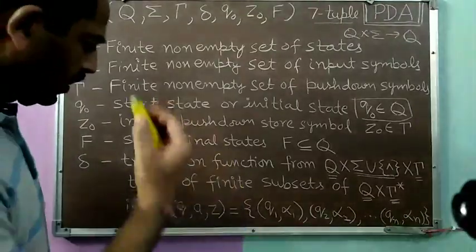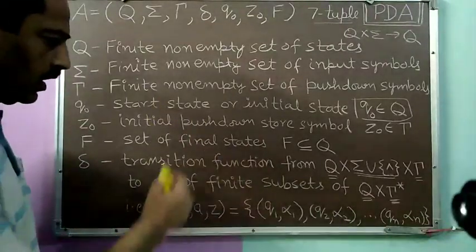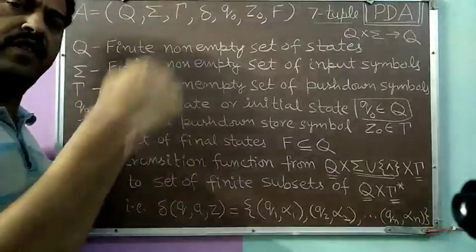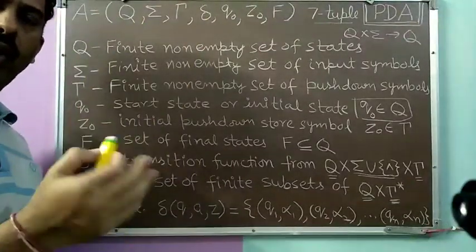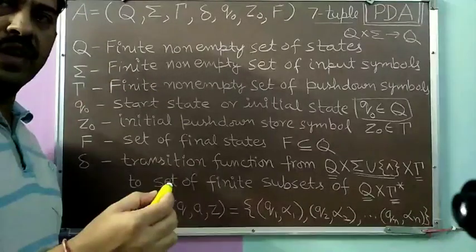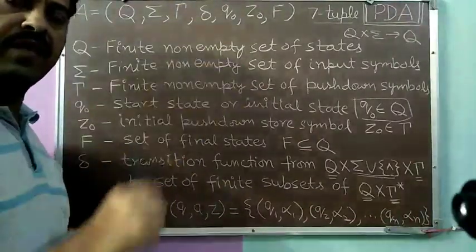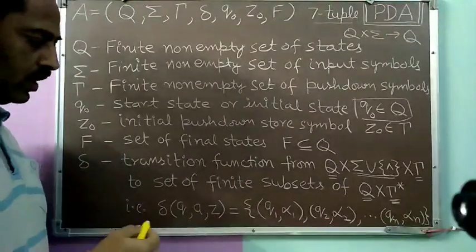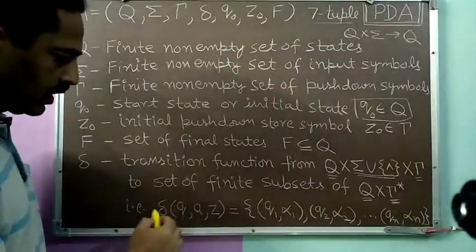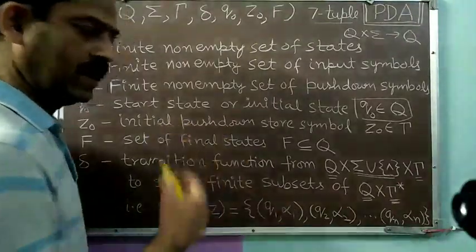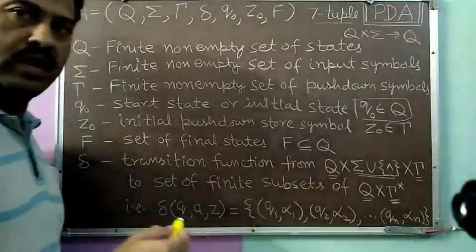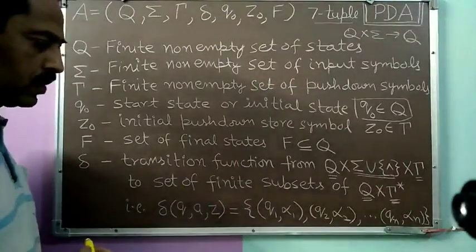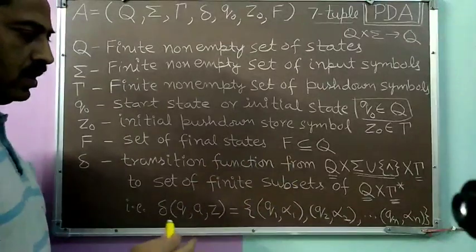One very important thing regarding the transition function is, as in case of FAs, NFAs or epsilon NFAs, we are bound to write our transition function for every state and every input symbol. Here that binding is not there. Suppose delta of Q, A, Z is phi for some particular input symbol, then we will not mention it.